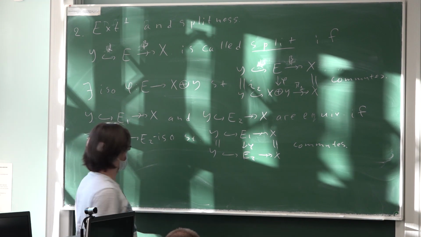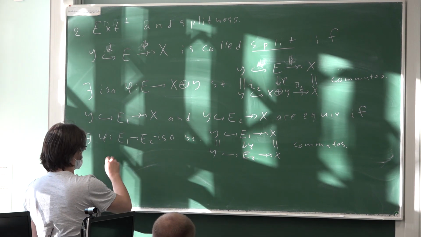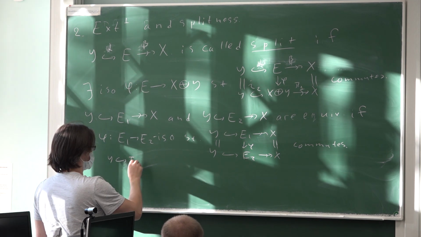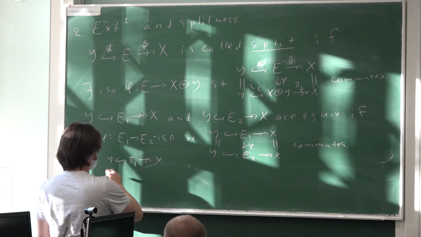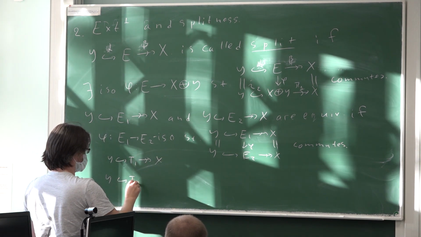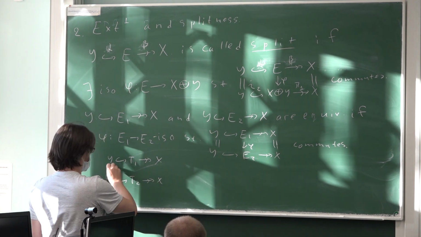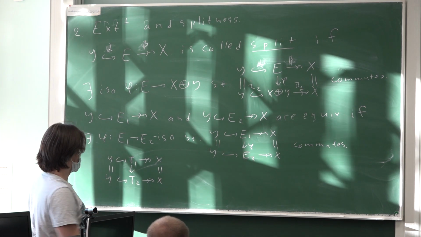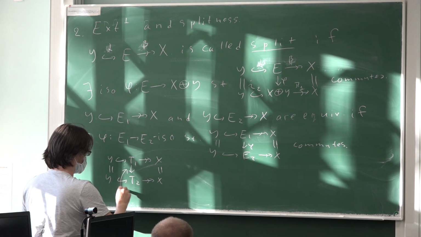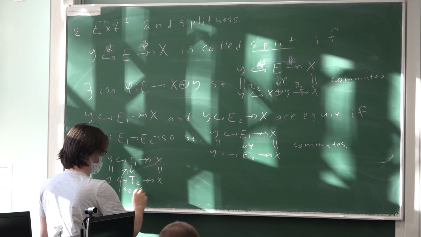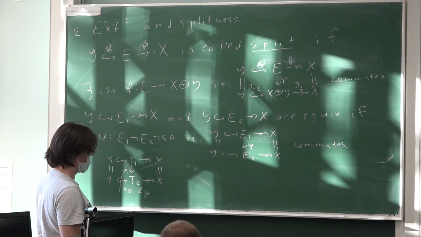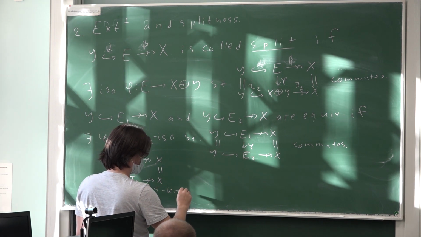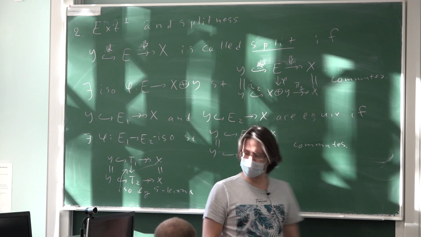But if you have an elementary equivalence, like let there be T1, x, y, T2, x, then you have here equality, and you have some map here, and this map is an isomorphism, in fact by the 5 lemma, but you can prove it.